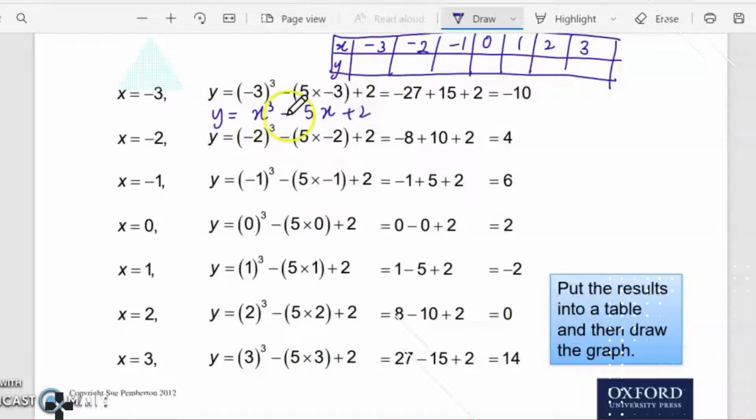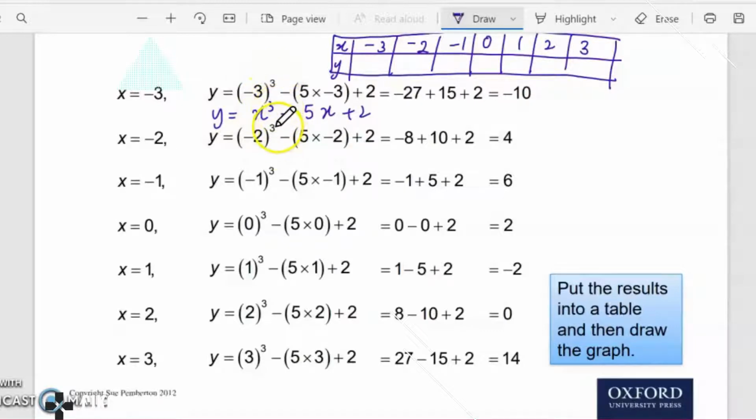Please bear in mind that when the value is negative, please be alert. Be careful to put brackets for the negative number, because students sometimes make mistakes. When the number is negative, they do not put brackets. So when they go for powers, it will affect the answer.